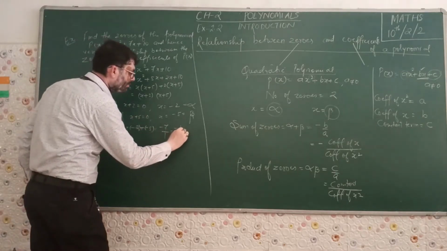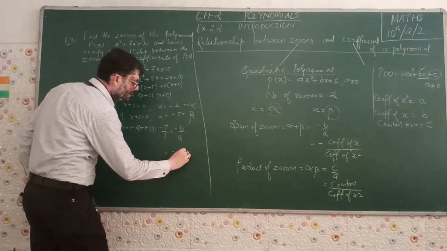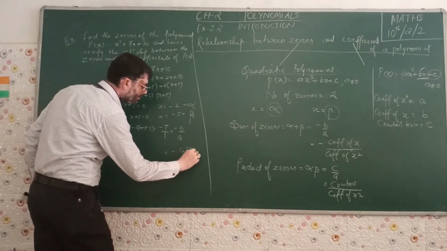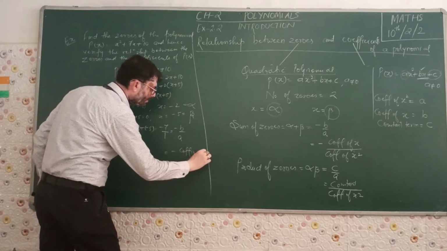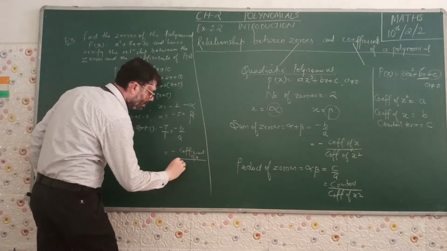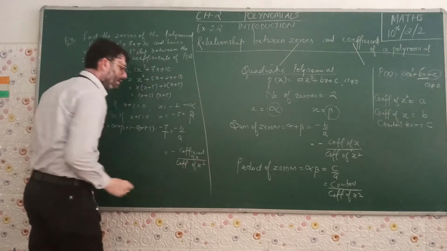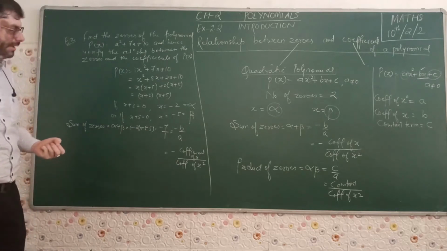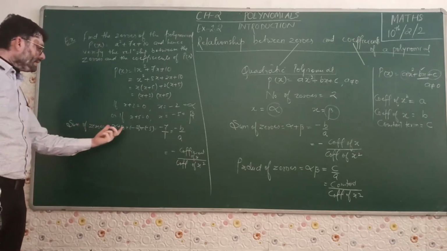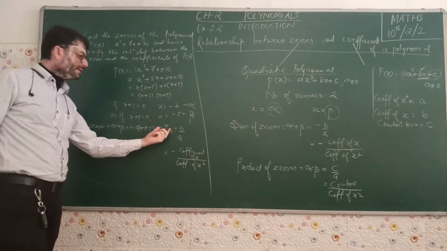This is minus b upon a, that is minus coefficient of x upon coefficient of x square. Now you see it has been verified. Sum of the zeros, alpha plus beta, minus 2 minus 5, total becomes minus 7.